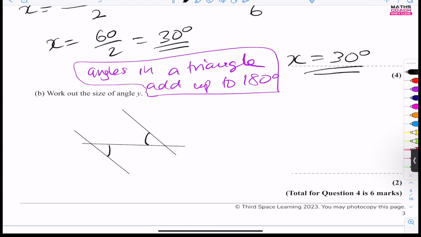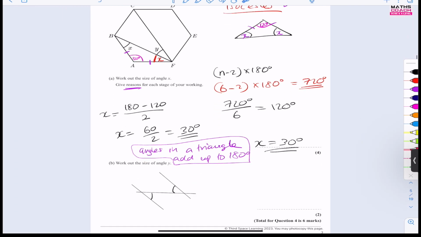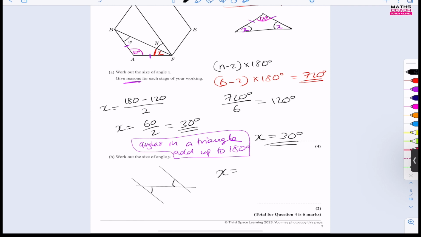They are alternate angles. They are the same. So if you look back at our diagram, we have x here and y here, so they're going to be alternate. So earlier on in part A, we found out the value of x. X was equal to 30, and x will be equal to y because they are alternate angles. So therefore, y would be 30 degrees also.